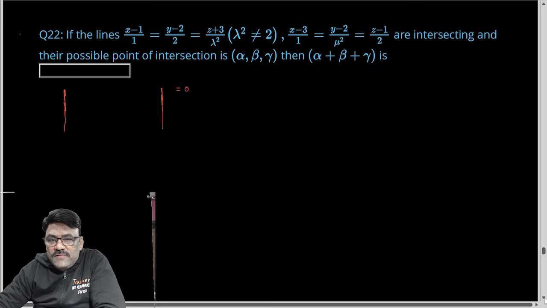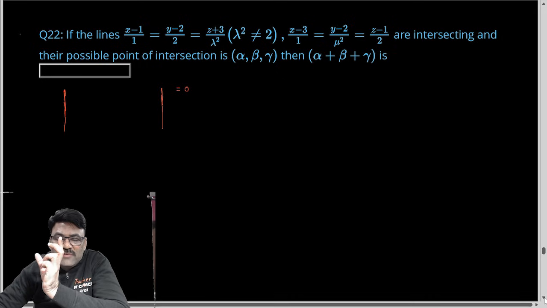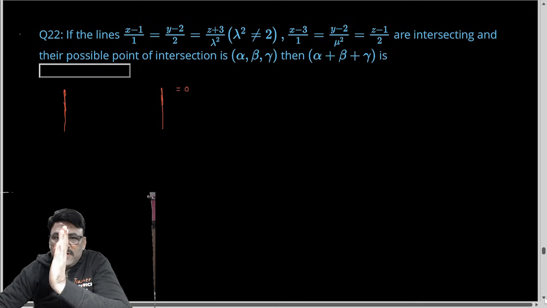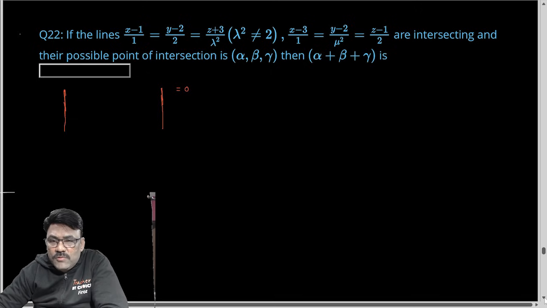And the second line is x minus x2 over a2, y minus y2 over b2, z minus z2 over c2. If these two lines are coplanar, then in the first row of the determinant you take x1 minus x2, y1 minus y2, z1 minus z2, the difference of the two points on the lines. Second row, the direction ratios of the first line, a1, b1, c1. Third row, the direction ratios of the second line, a2, b2, c2. If lines are coplanar or intersecting, then this determinant must be 0.